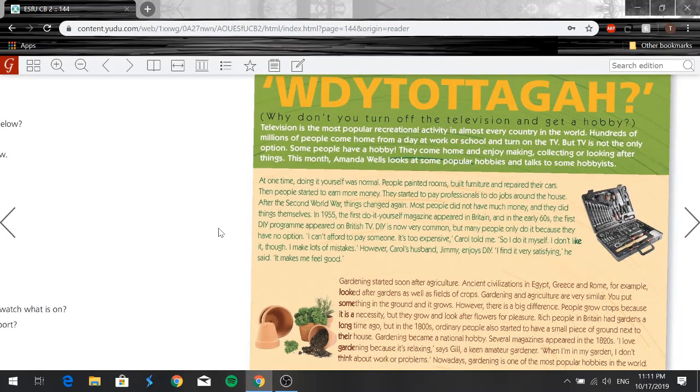At one time, doing it yourself was normal. People painted rooms, built furniture, and repaired their cars. Then people started to earn more money. They started to pay professionals to do jobs around the house. After the Second World War, things changed again. Most people did not have much money, and they did things themselves.